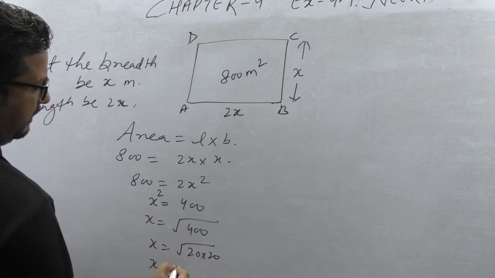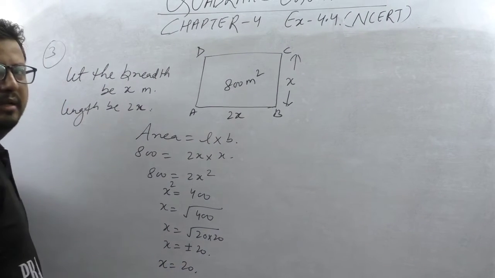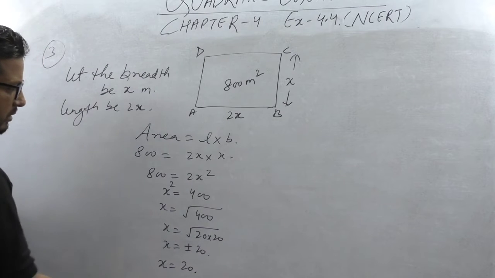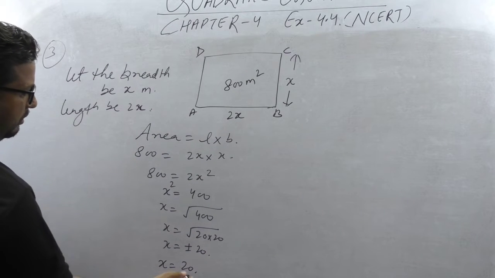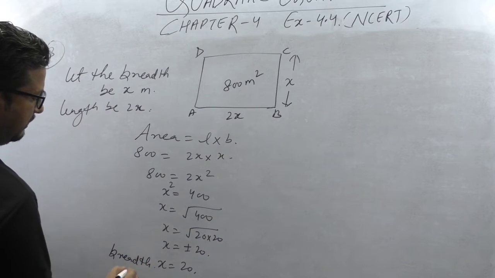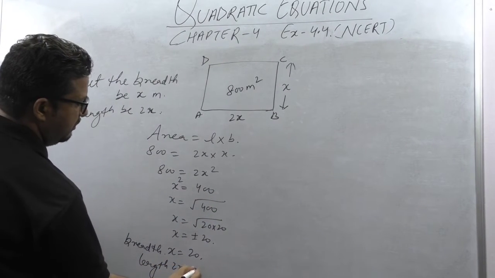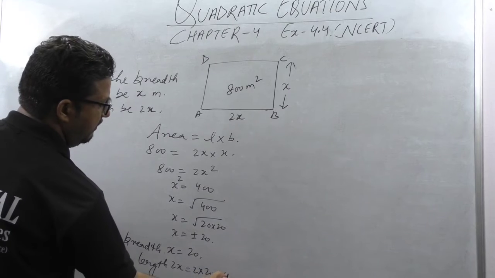So x value will come plus minus 20. So we will take only x equal to 20, reason being length can never be negative. So yes, it is possible. So this breadth is 20 and length will be twice of x, that means 2 into 20, and that will be 40.